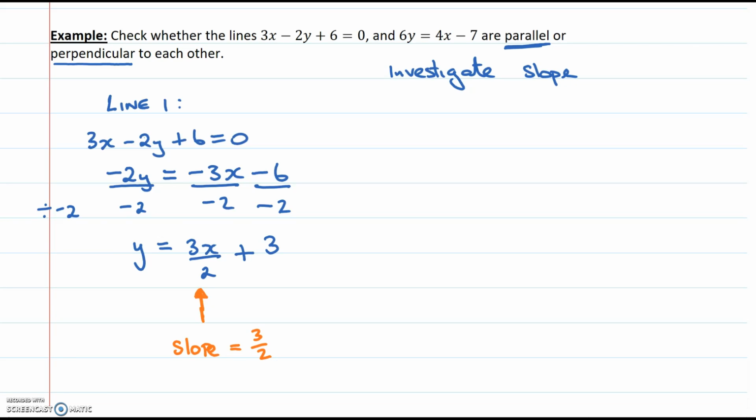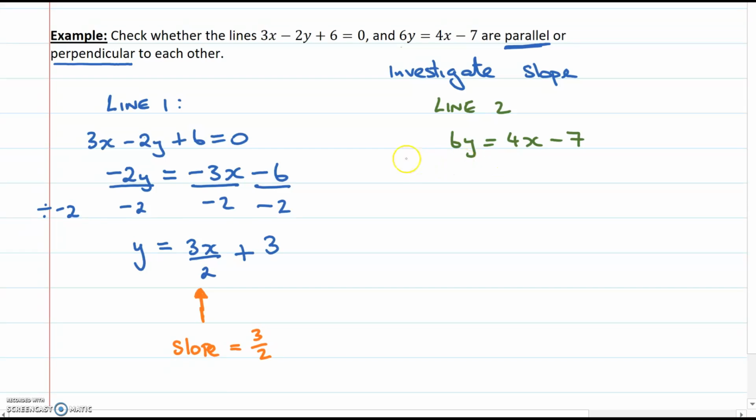Now, that's the first line done. Let's move on to the second line, 6y equals 4x minus 7. The y is already on its own, so this one's a little bit shorter.